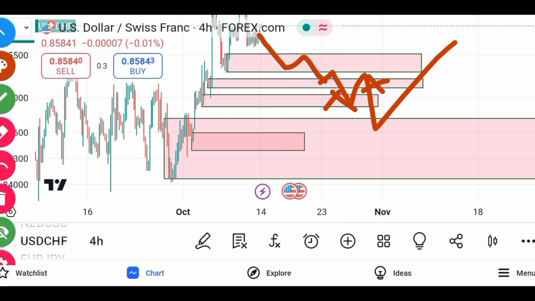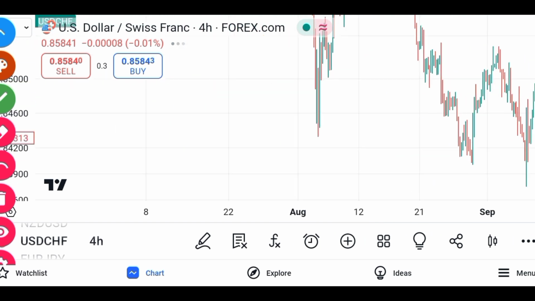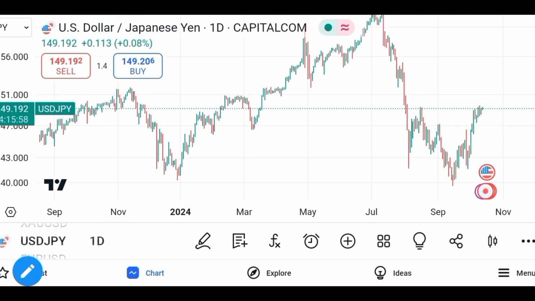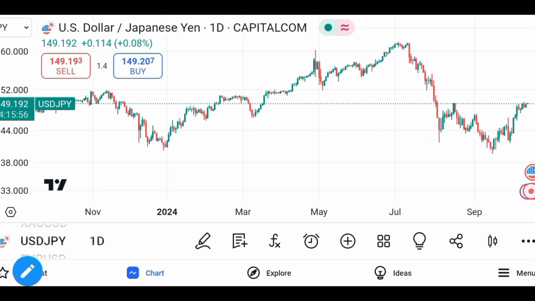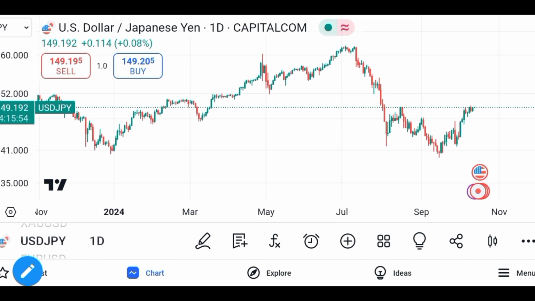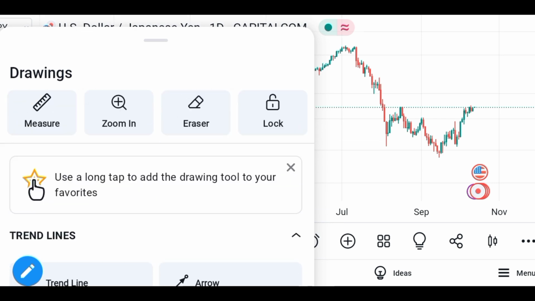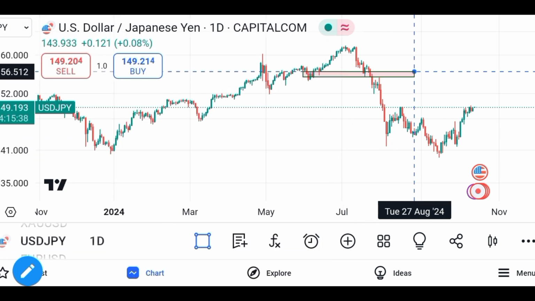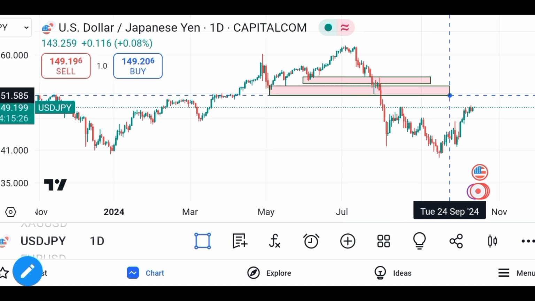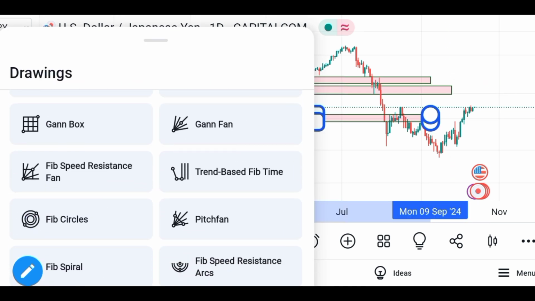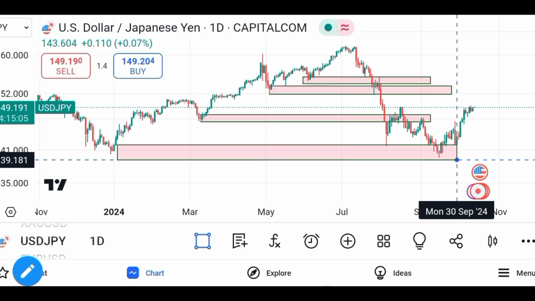Now let me show you an example. Let's just check the chart quickly. If we look at USD/JPY in this time frame, you are going to notice that a lot of people would have been drawing their order blocks.